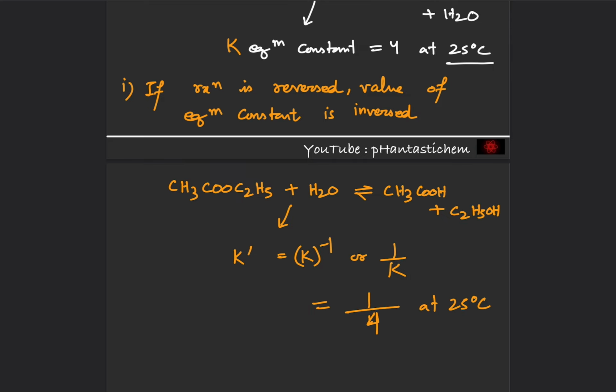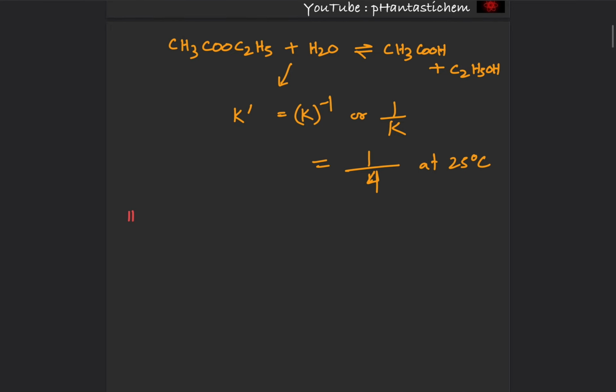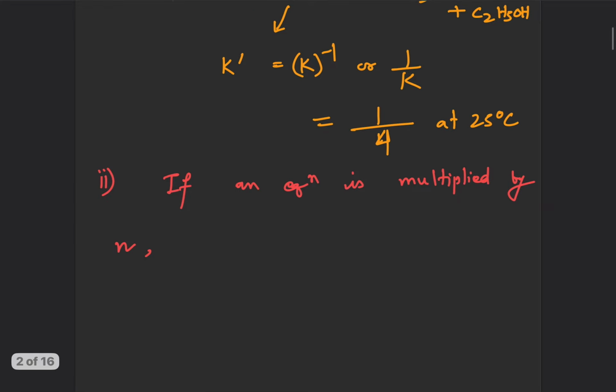The second one is, in general, if an equation is multiplied by n. Second characteristic of the equilibrium constant: if an equation is multiplied by n, the new equilibrium constant will be raised to the power n.